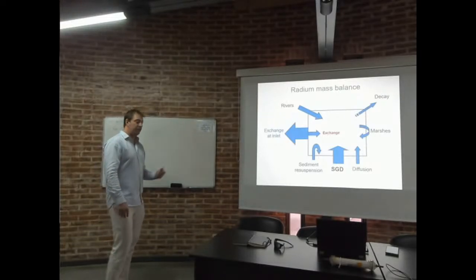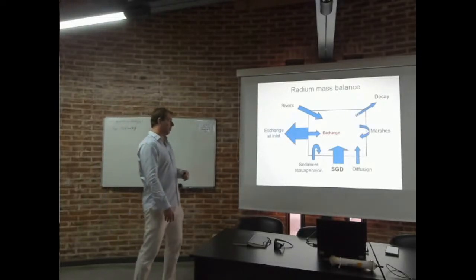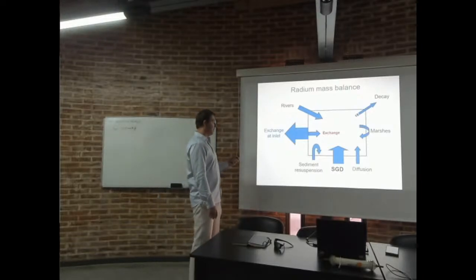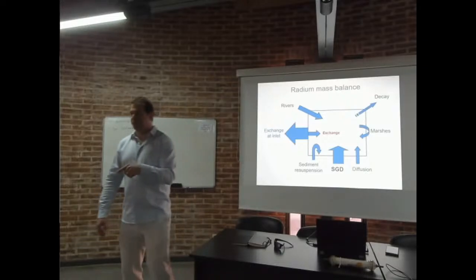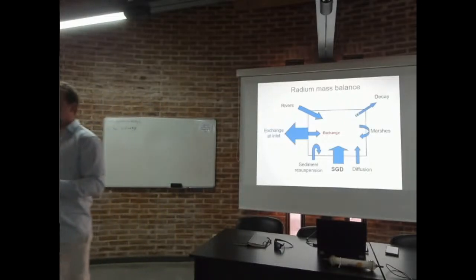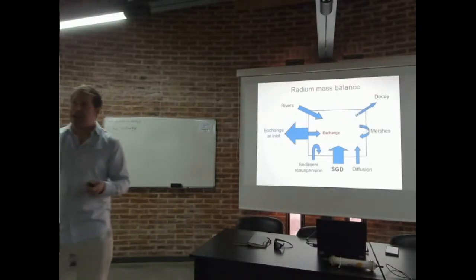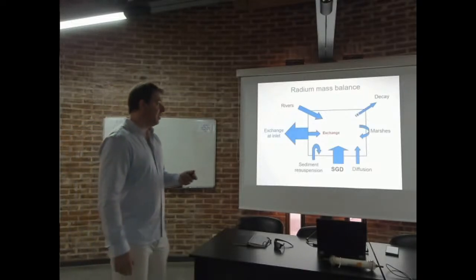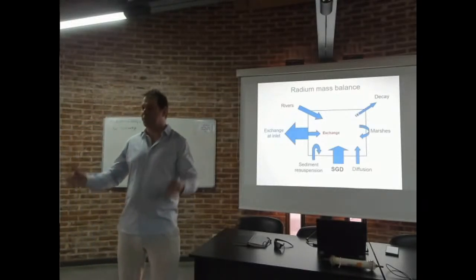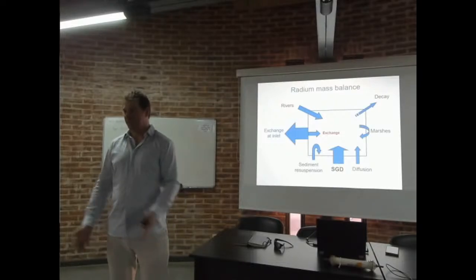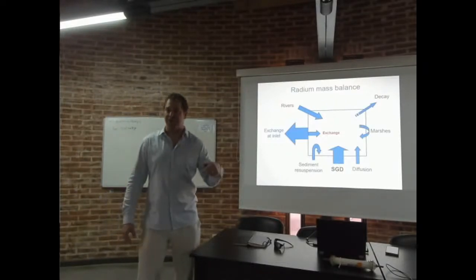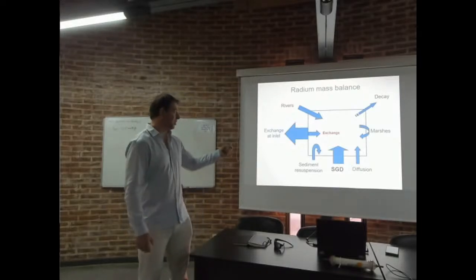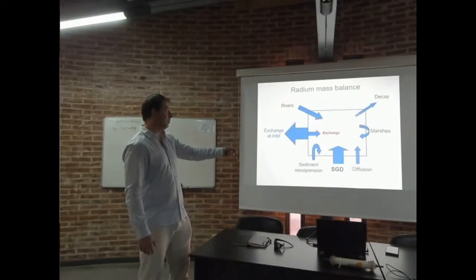And then you also have to measure your radium in your river, and you can get your river input. As you'll see in a few slides, we also did this work in a place called Jamaica Bay in Long Island. And in Jamaica Bay, we have massive sewage inputs through sewage treatment plants. And so we also have to measure the radium in the sewage, which is not in here in this one, but it would be another input.